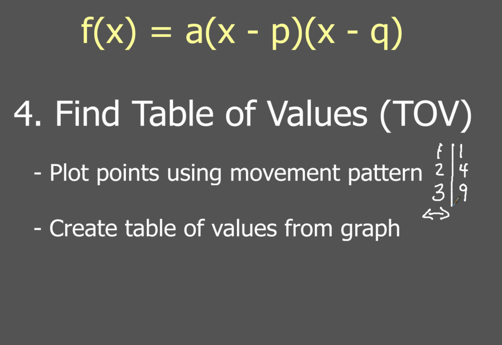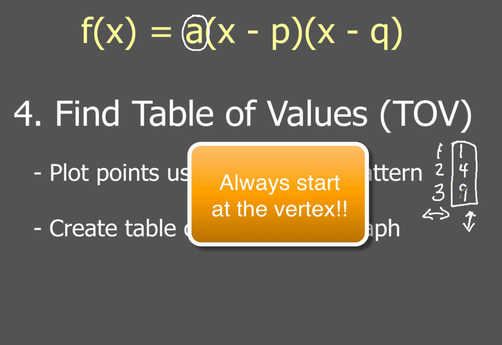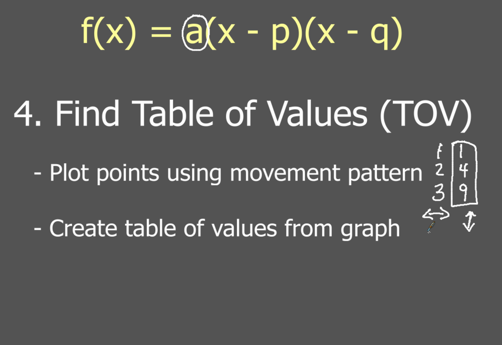Of course, this 1, 4, 9 pattern could change slightly depending on whatever your a value is, so you may have to multiply 1, 4, 9 by whatever your a value is to change that vertical movement. Every time you start that table of values using that movement pattern, you're always going to begin from the vertex. Now, after we've got all of our points plotted, we'll use those points to create our table of values right from our graph.